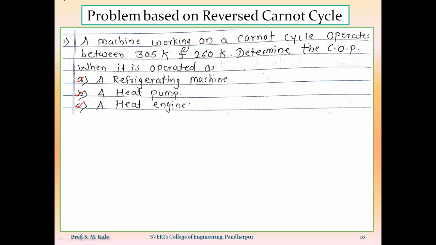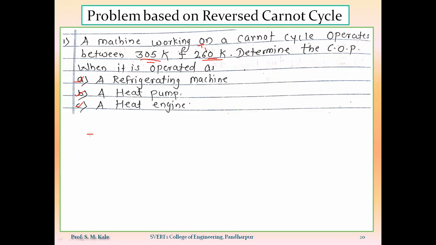Now here they have mentioned the two temperatures. The first one is 305 Kelvin, the second one is 260 Kelvin. So which is the lowest temperature and which is the highest temperature? Out of these two, 260 Kelvin is the lowest temperature, and the lowest temperature will always be considered as T1.